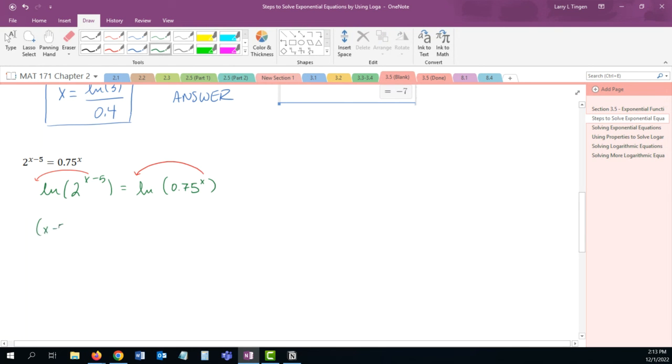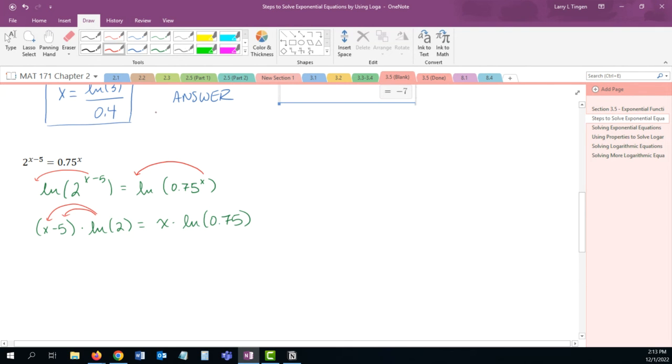So that means I'm looking at x minus 5 times the natural log of 2 is equal to x times the natural log of 0.75, and distribute. Natural log of 2 is a number.